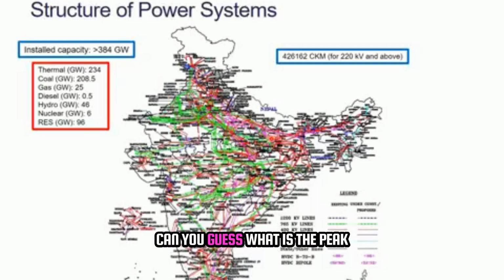With this, can you guess what is the peak demand of the Indian power system? Can anybody guess? Am I audible? 137 gigawatt.